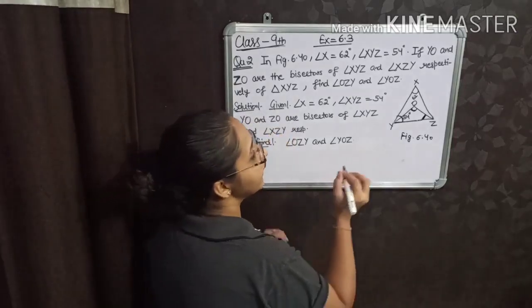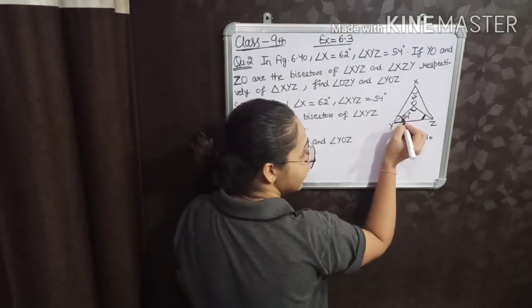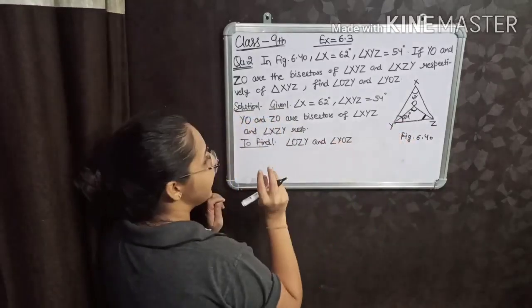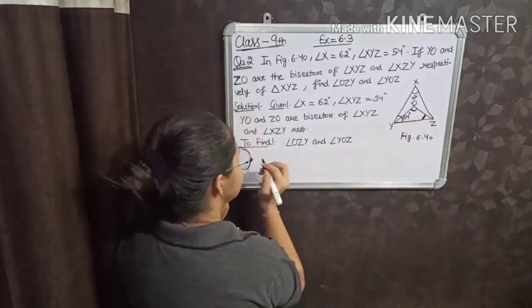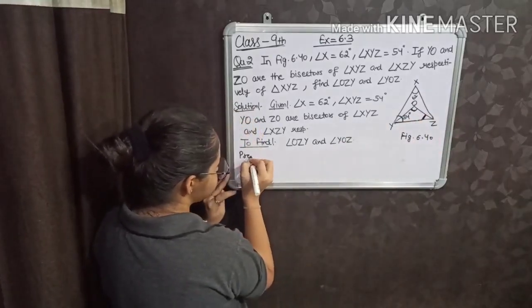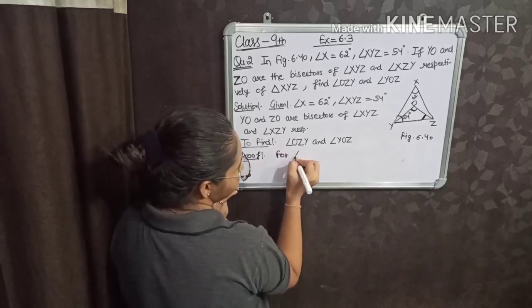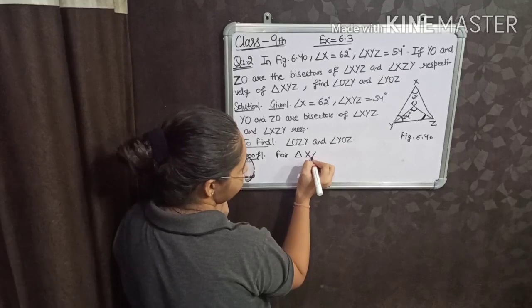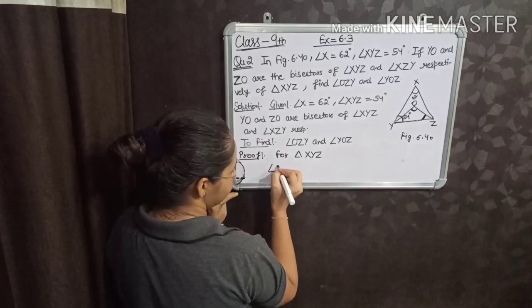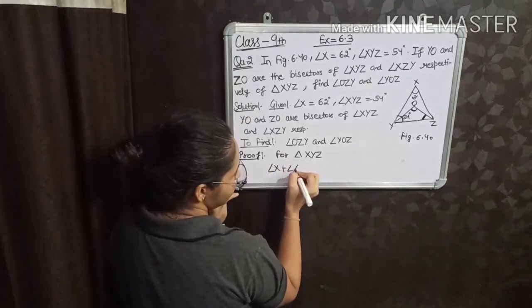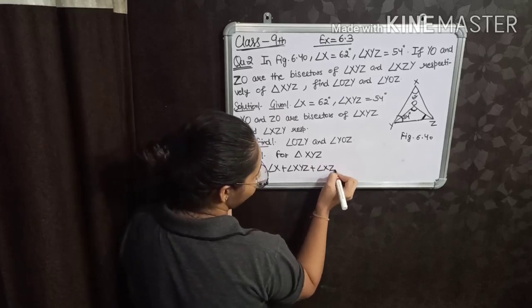So I can write angle OYZ, this small angle of triangle OYZ, or first I will find this complete angle. So I can write proof is first for triangle XYZ. Okay, apply the angle sum property, angle X plus angle XYZ plus angle XZY.